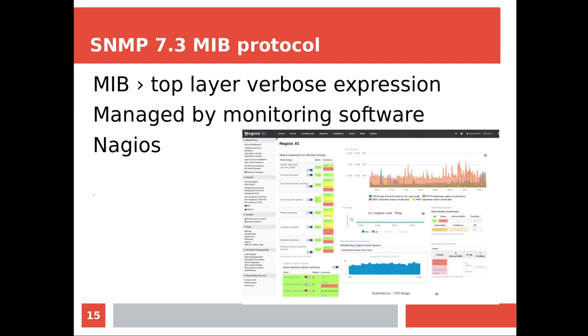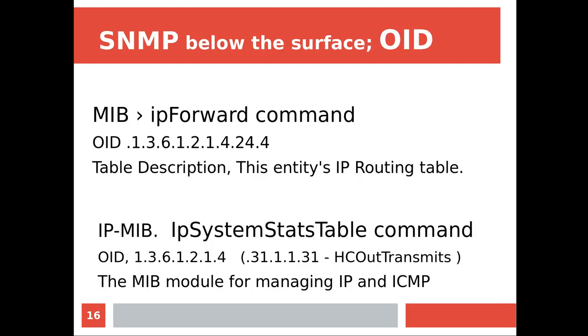Alright, so we've got the MIB protocol, which is the management information base, and that's a verbose layer that sits on top of the OID layer. For example, using the MIB protocol, we get the IP forward command.